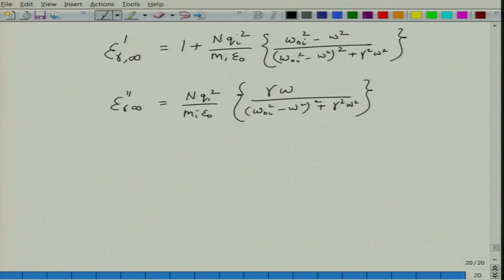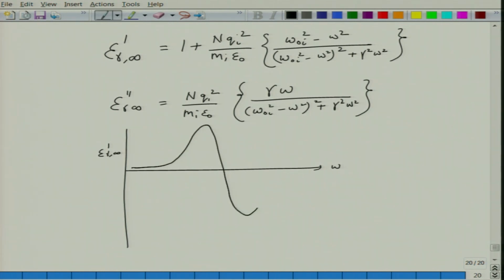Okay. When you plot this, what you will obtain is something like this. When you plot the dielectric constant, epsilon r prime infinity, as a function of frequency, if we expand it around this point, this will be your omega naught electronic, for example. Similarly, it could be omega naught ionic, depending upon the masses and charges.